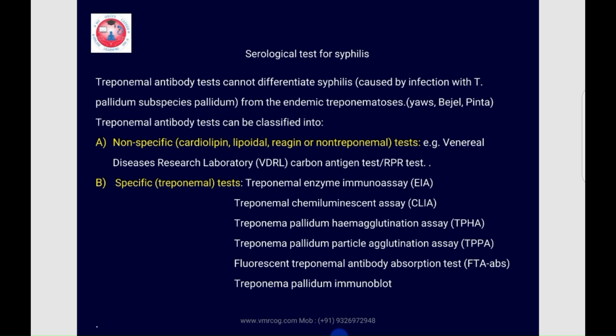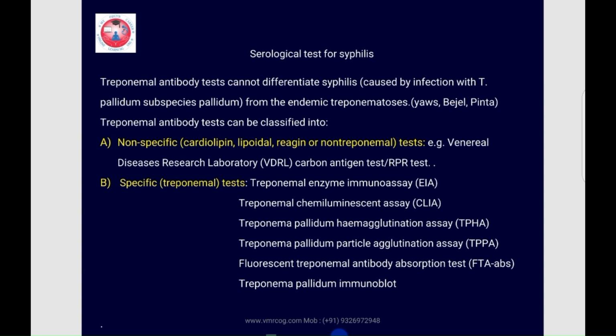EIA, that is treponemal enzyme immunoassay, then treponemal chemiluminescence assay, that is CLIA, TPHA, that is Treponema pallidum hemagglutination assay, then TPPA, that is Treponema pallidum particle agglutination assay, FTA-ABS, fluorescent treponemal antibody absorption test, and Treponema pallidum immunoblot.